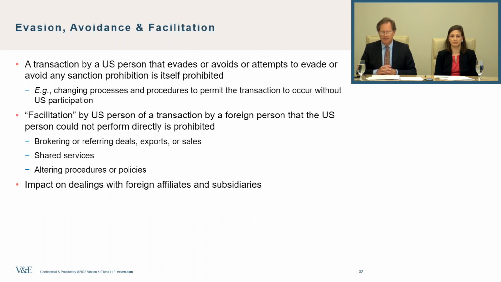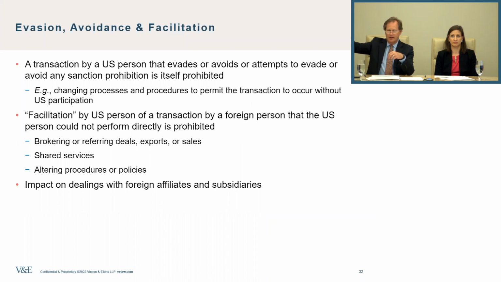The typical example of this, and this happened in the Iran sanctions early on, is where a company had a policy in place that would require the vice president in the USA to make a determination as to whether a business transaction can go forward for a subsidiary over in Europe.